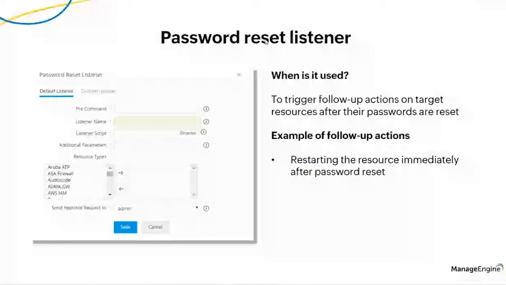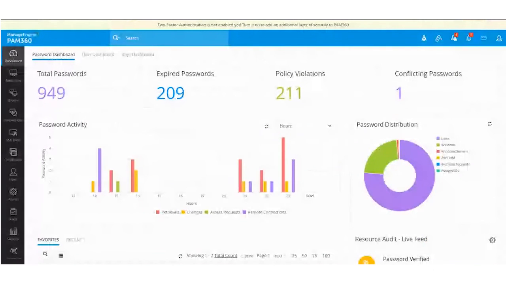PAM 360 can automatically inject information that it holds, but the script must have the intelligence to perform the actual job. In other words, you can build a script that can update the post password reset operation on the target system. So let's quickly see how does a password reset listener work.